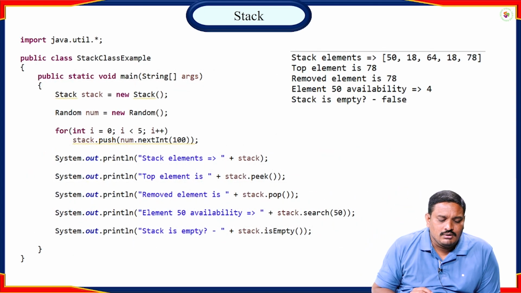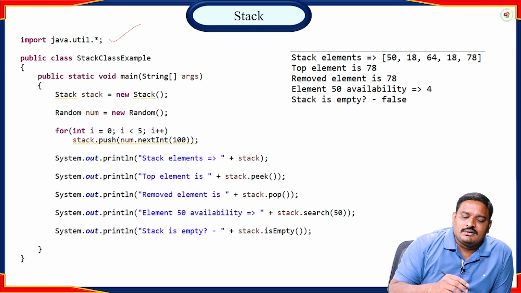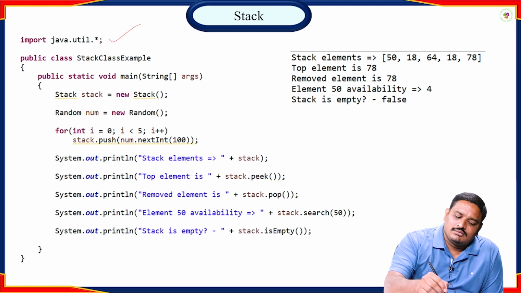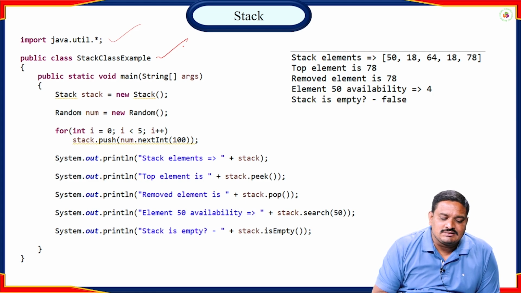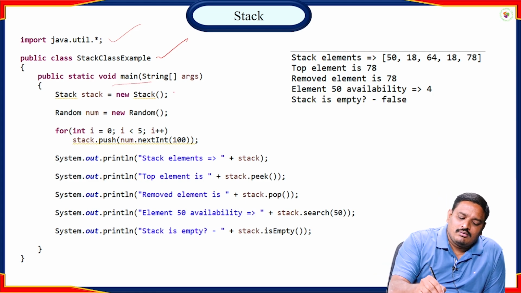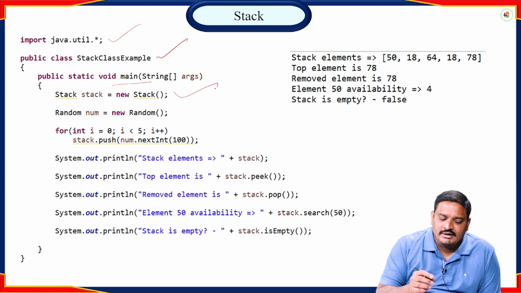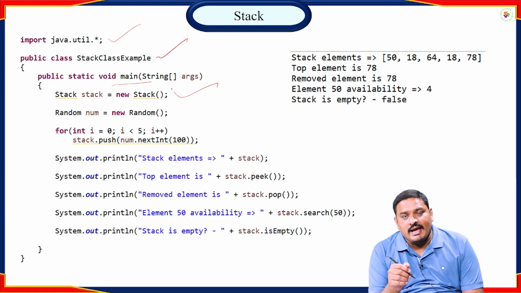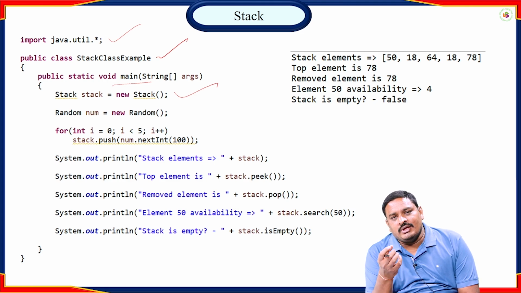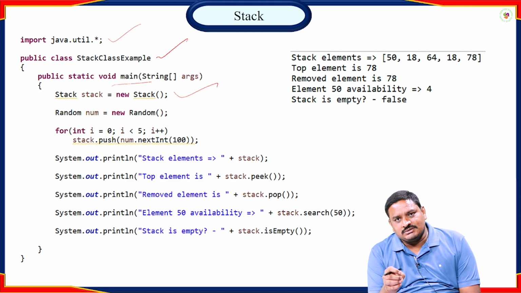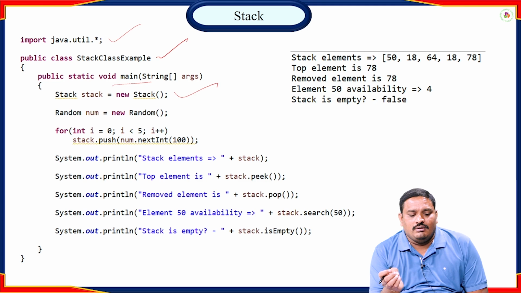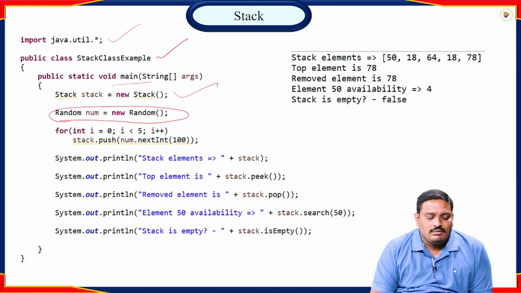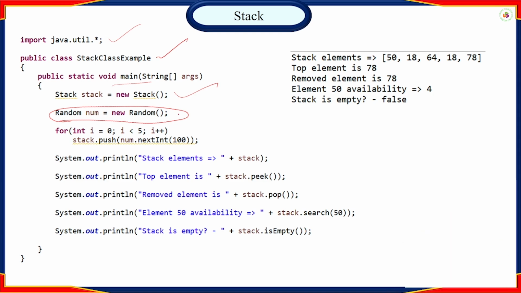See this example. Here the stack class is under which package? The java.util package. The class name is StackExample, and in the main method we are creating one empty stack: Stack stack equal to new Stack. In that stack we are adding elements by accessing them randomly, so we are using the Random class: Random num equal to new Random.